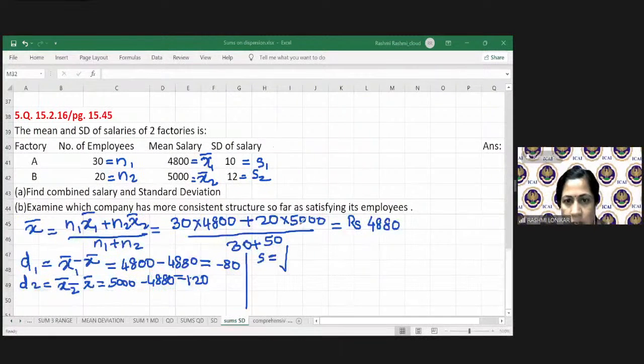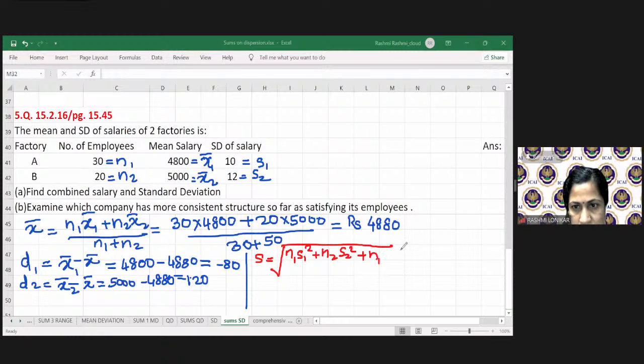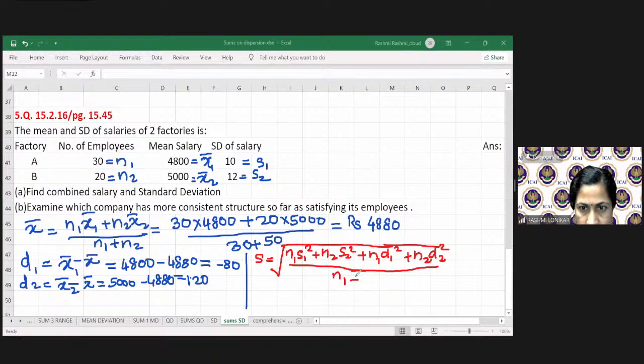Let me put in a different color. S is equal to square root of N1 S1 square plus N2 S2 square plus N1 D1 square plus N2 D2 square, the square root sign runs up to here, divided by N1 plus N2. You solve this.